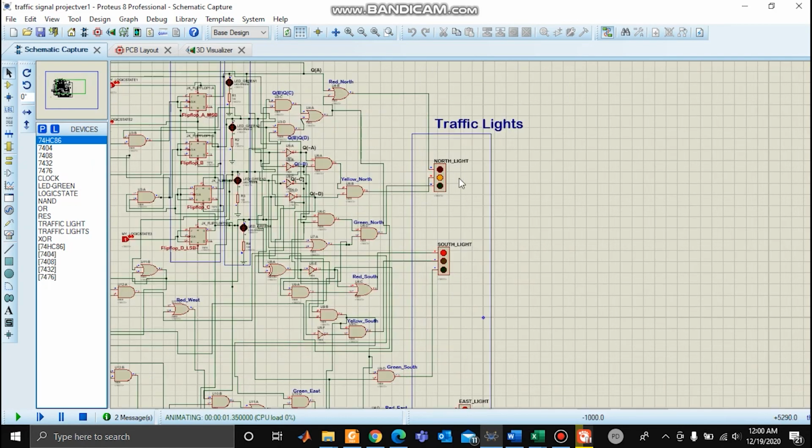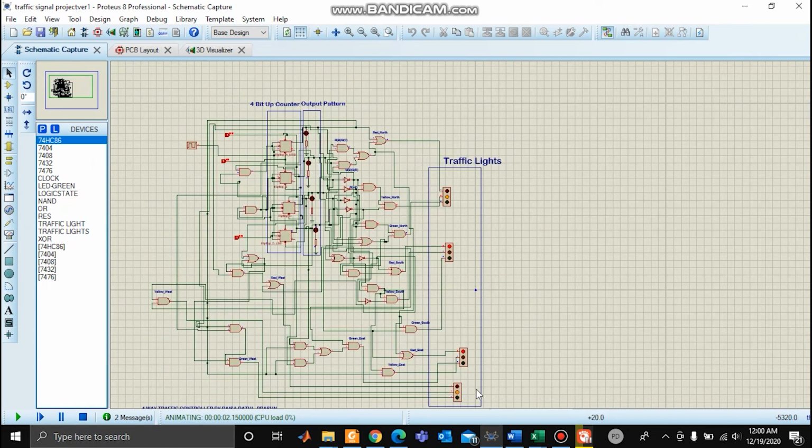So here first north light is yellow and west light is yellow also. Then north will be green and the rest of the three will be red. After that, north and south will be in yellow states.